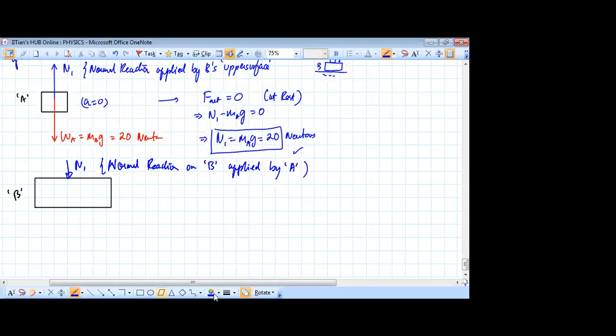Then of course there is B's own weight, the gravitational force that the earth is applying on B.